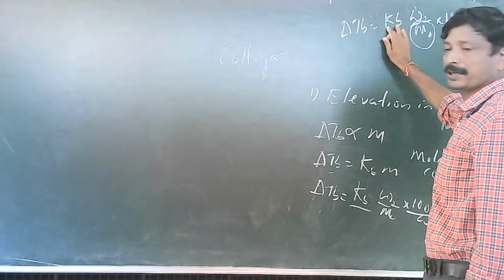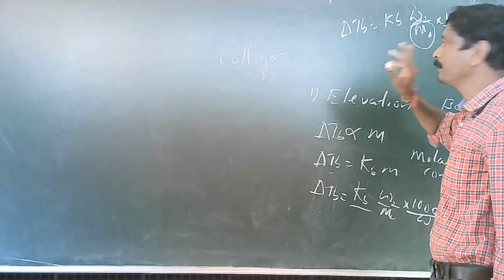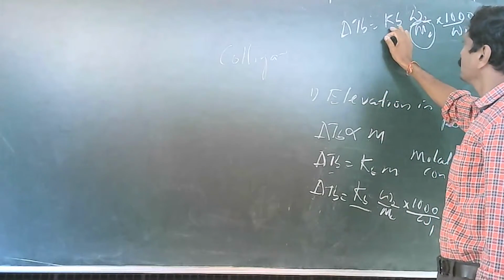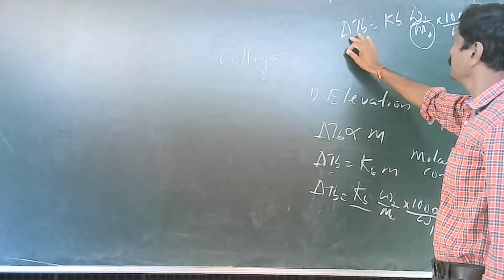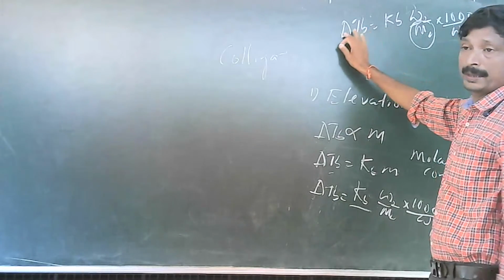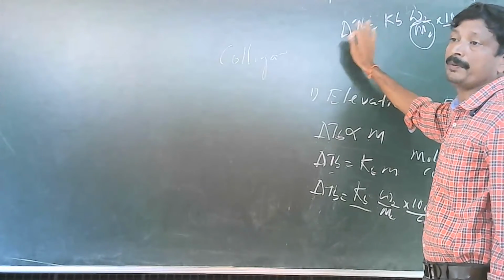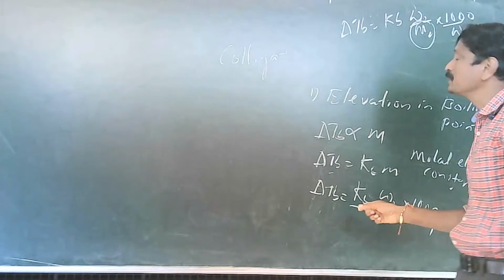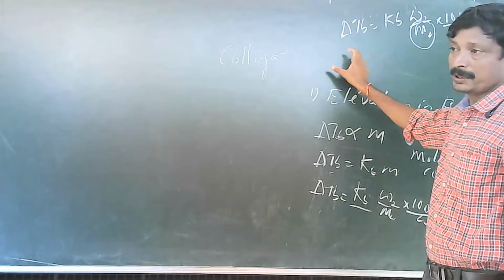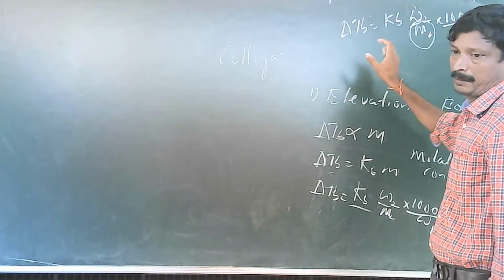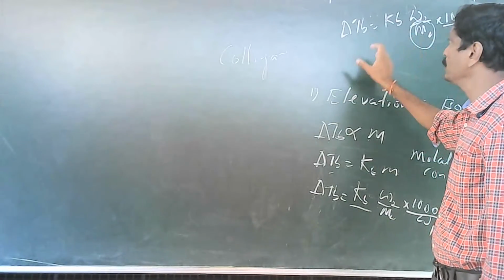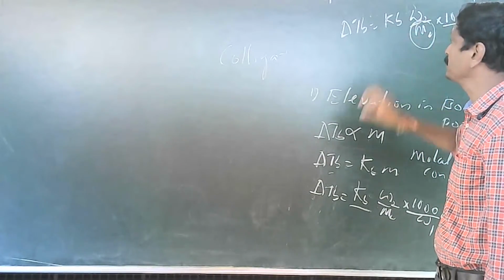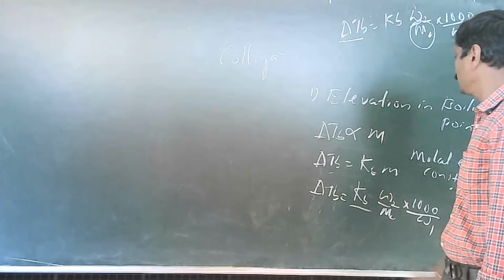W1 and W2. Kb is a constant for a given solvent. And you can determine M2 by knowing the colligative property. What is the elevation in boiling point? The boiling point difference between the solution and the solvent is called elevation in boiling point.